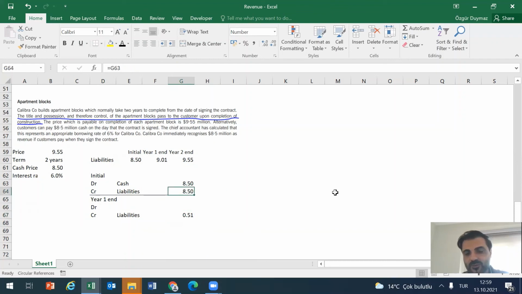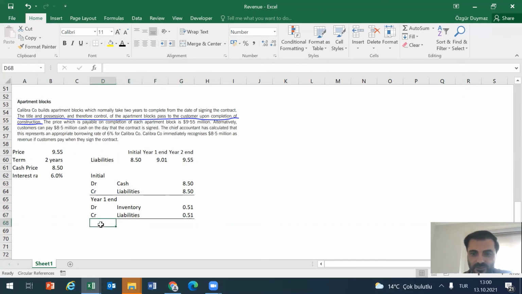We add on to 8.5, and the balance at year one ends would be 9.01 here, and credit should be inventory, not finance cost, because it's about construction, and this finance cost through inventory will go to cost of goods sold at the end of the period, which was 2 years.